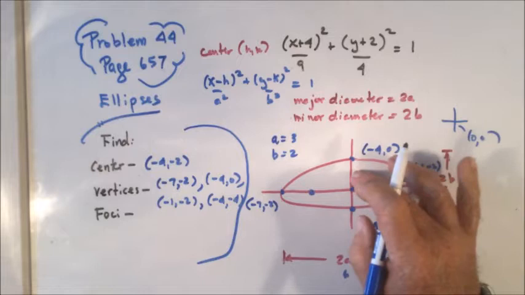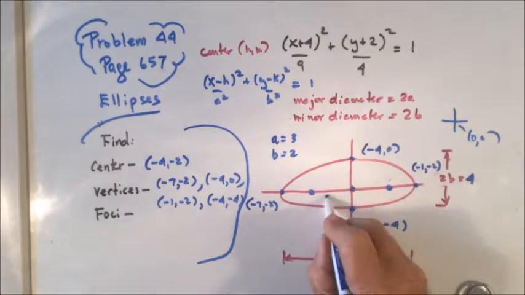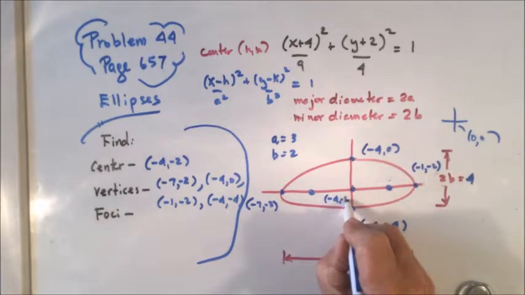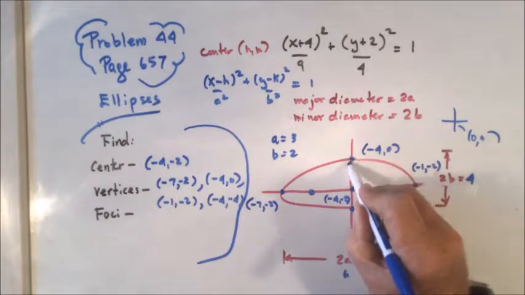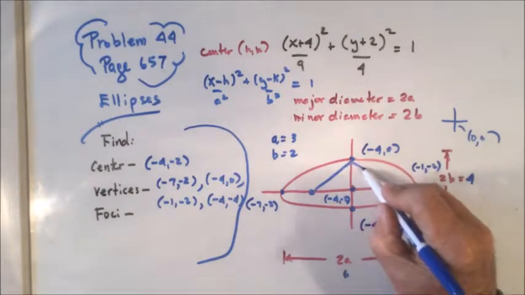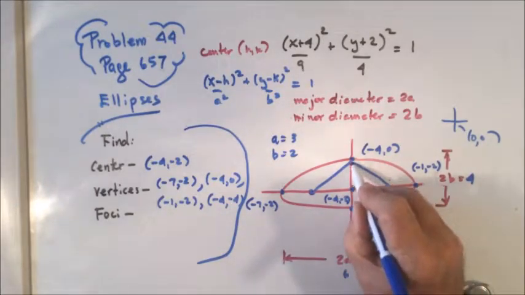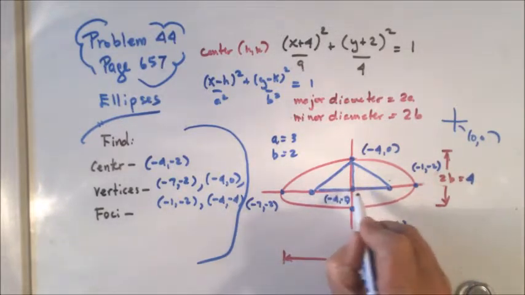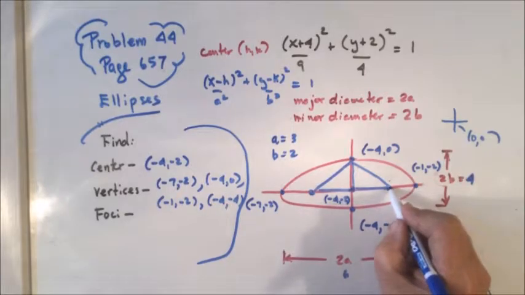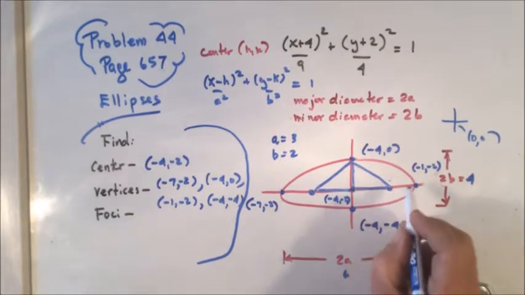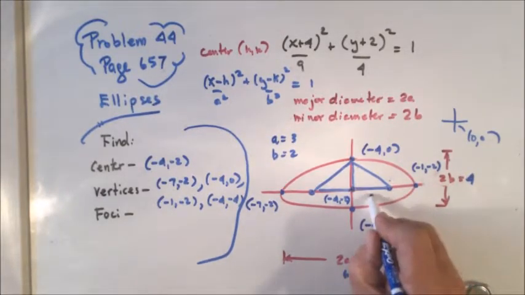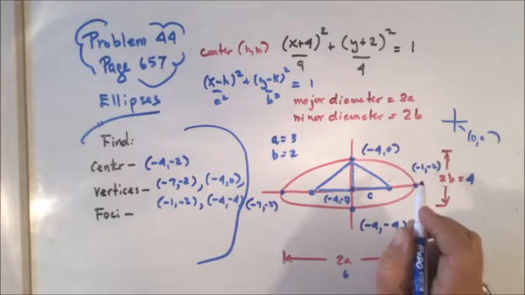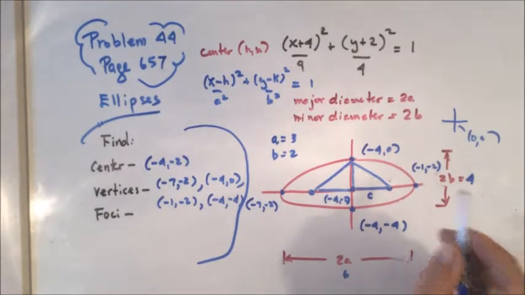I might erase this center. If we just gotta have it, we're gonna put it right there. I want to erase it because I want to draw these two little lines, and in fact then I want to draw these two little triangles. Okay, let's see what we know about these triangles. The distance from the center to the focal point is called the focal length, and it's usually given the designation c.